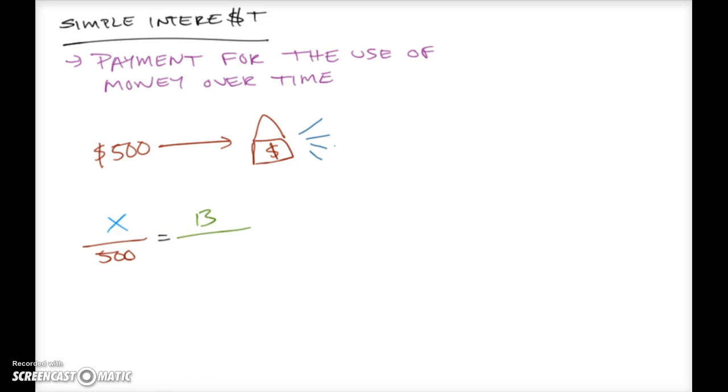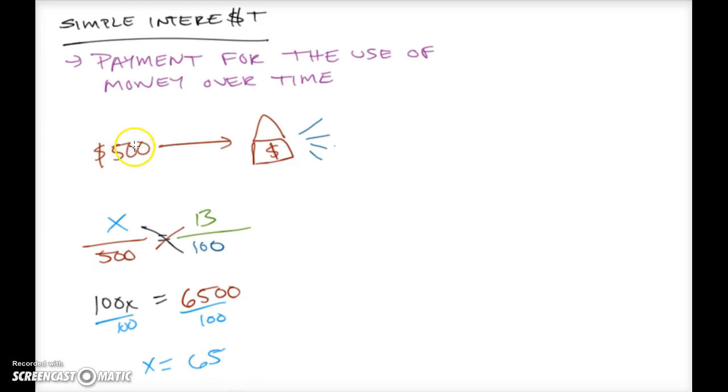Let's do our cross multiplication: 100x is equal to 500 times 13, which is 6,500. I'm going to divide by 100 so I can get x. Divide by 100, divide by 100. x is equal to $65.